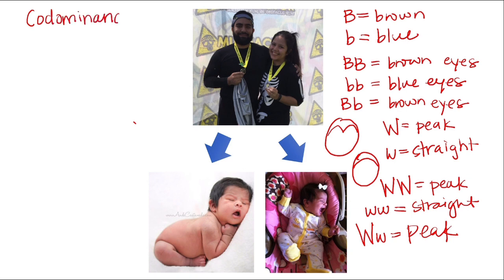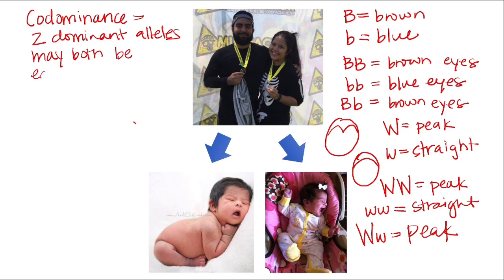So what that means is that two dominant alleles may both be expressed simultaneously. I don't know why I put such a big space between the L and T, but simultaneously.